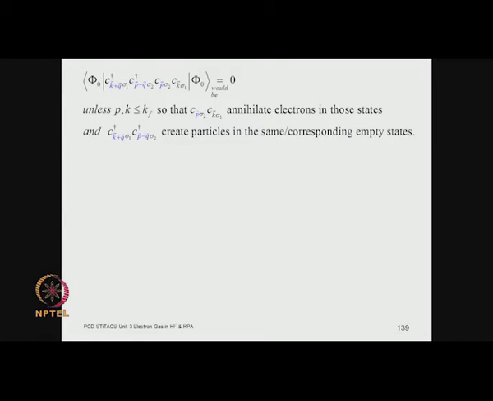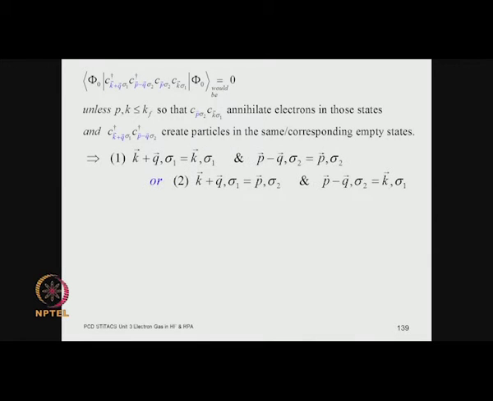Okay? So, let us recognize that there are two possibilities now. One possibility is that this k plus Q, sigma 1 is the same as k, sigma 1, because then you destroy a particle in the kth state and create it in the k plus Qth state. The other possibility is that k plus Q creates where the particle Cp was destroyed.